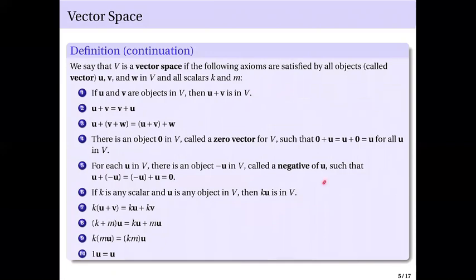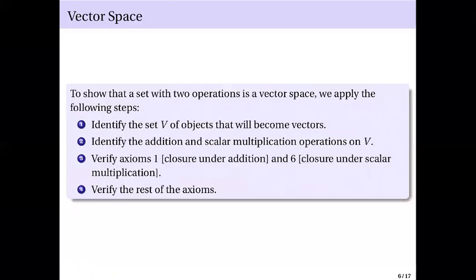And number 6 is the closure under scalar multiplication, or the closure of your scalar multiplication operation. So you start with those two axioms, and once you've verified axiom 1 and axiom 6, you verify the other 8 axioms.